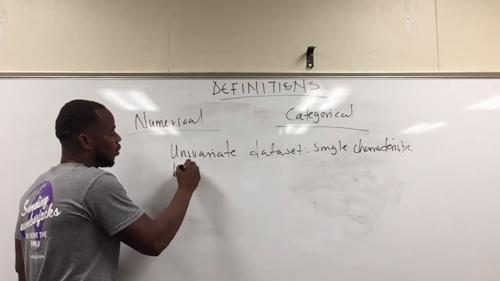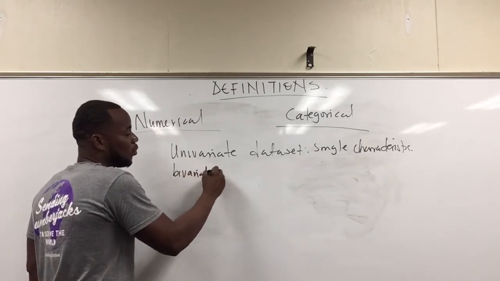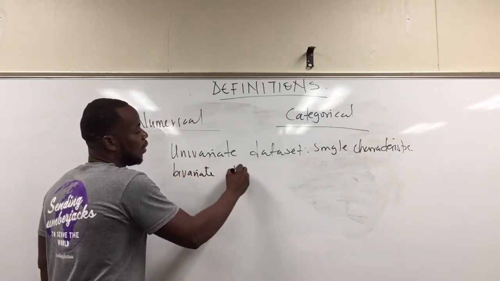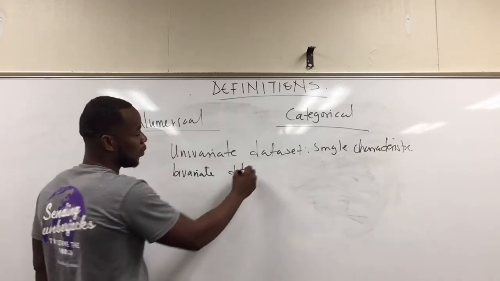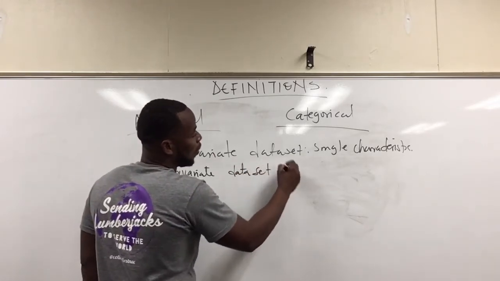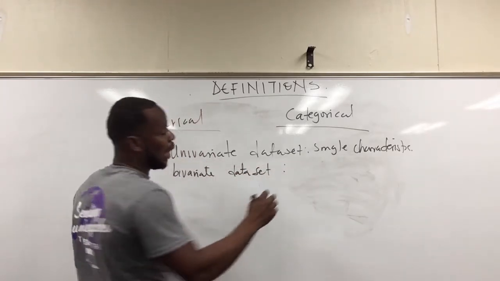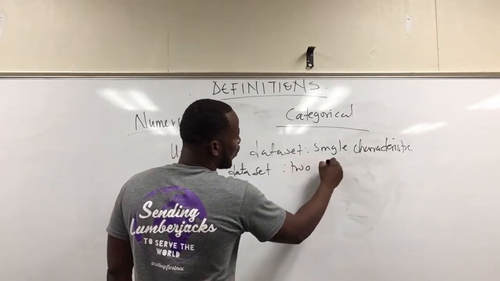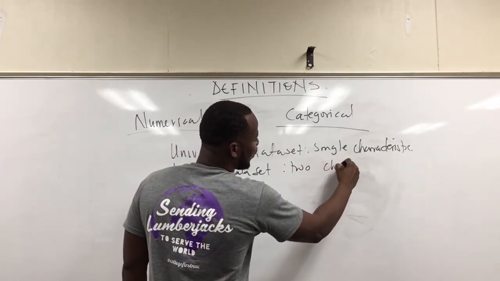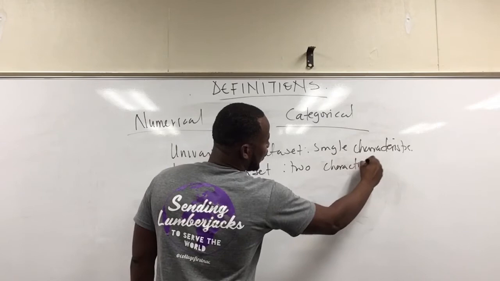Now, we have bivariate. If univariate has to do with a single characteristic, then bivariate will be two characteristics.